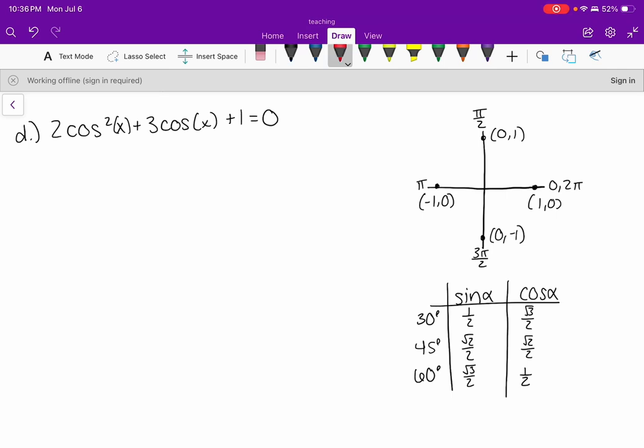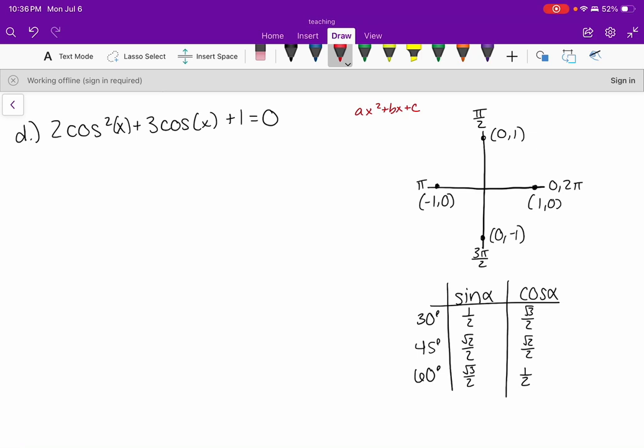This is a trinomial factoring example. What we mean by that, a trinomial, is that there are 3 terms in the polynomial. So we have a cosine squared, we have a cosine, and then we have just a number. So it looks a lot like that ax squared plus bx plus c type.